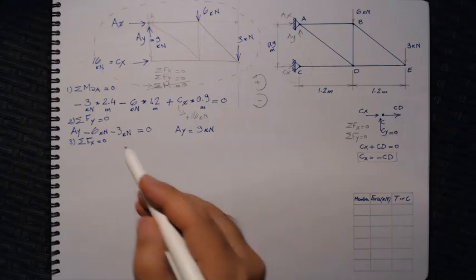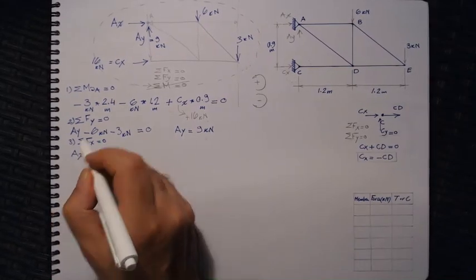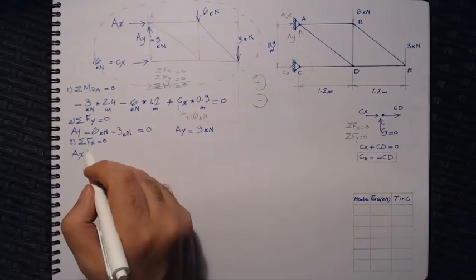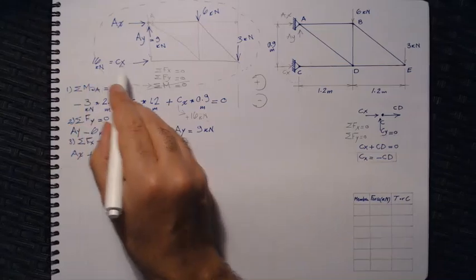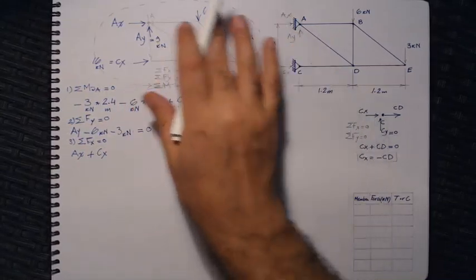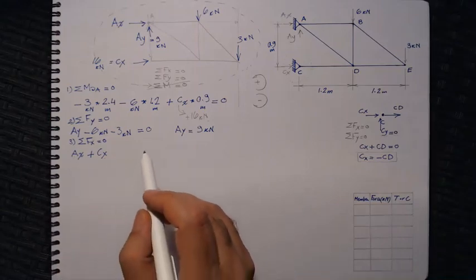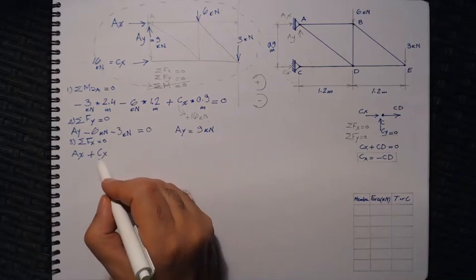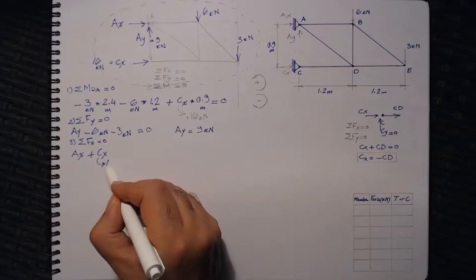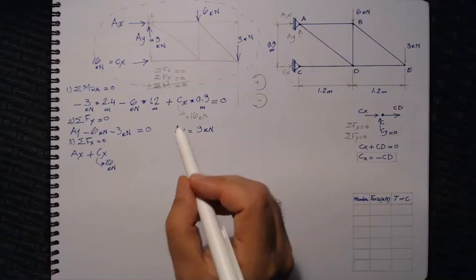So I will go ahead and put AX, I assume it going positive, plus CX going positive as well. There are no other forces in X, so just adding these two has to equal 0. But remember that CX is actually 16 kilonewton and it's going in this direction.